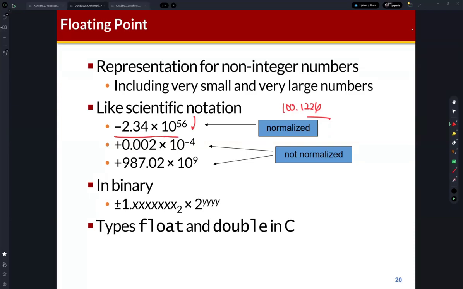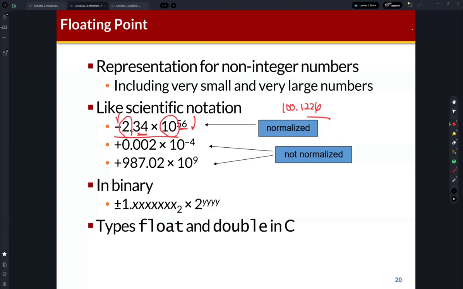So what is the normalized form of decimal floating point numbers? It has a sign bit, obviously. Then it has one digit of decimal number and the point, and then the fraction part. And it is multiplied by 10 to some power. So this is the normalized form of decimal floating point numbers.